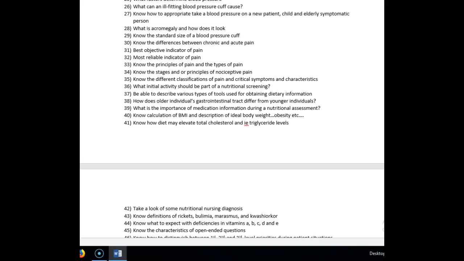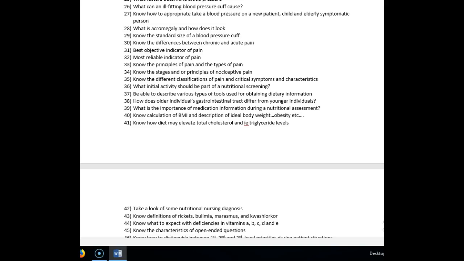As far as knowing, we talked about BMIs, and I wanted to make sure that I told everybody the description of the ideal body weight. We talked about that. We got to talk about cholesterol, because there was a little bit of discussion as far as nutrition as well.